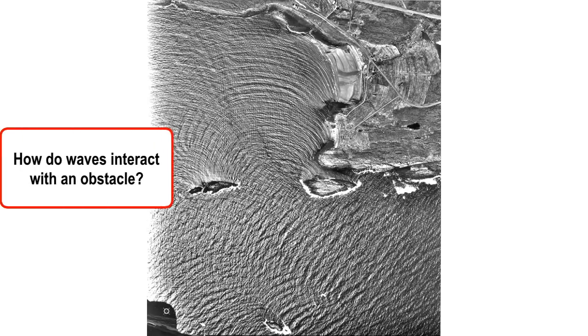So here's a question. What you're looking at there is a gap between two islands. So now a question is, what's the opposite of a gap? Well, a gap is an opening, free passage of waves, surrounded by two areas where they can't penetrate.